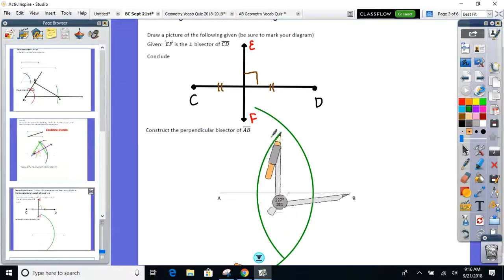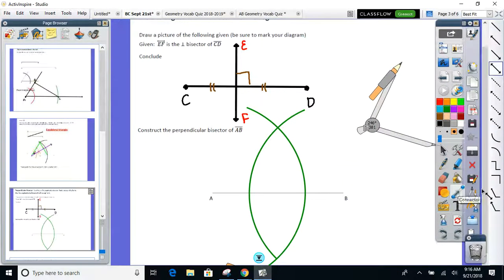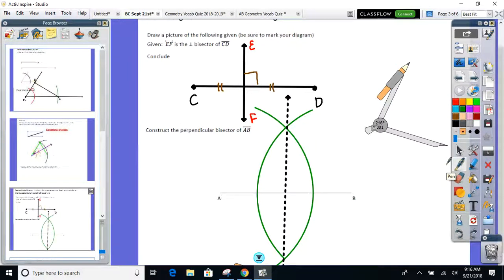And make them intersect in two spots. And now you can draw your perpendicular bisector. So this construction has many purposes so far this year. Label your diagram correctly, please. Label your diagram correctly.